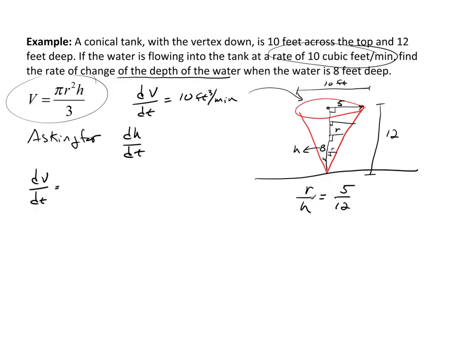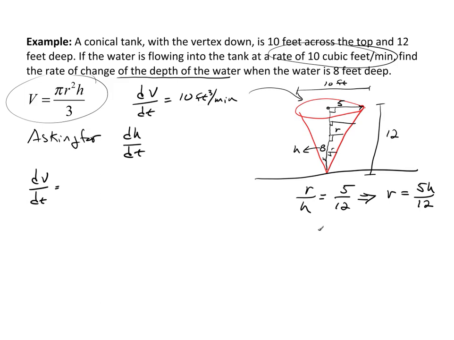I know that these are always going to be equal to each other. And this then implies that r is equal to 5h over 12.